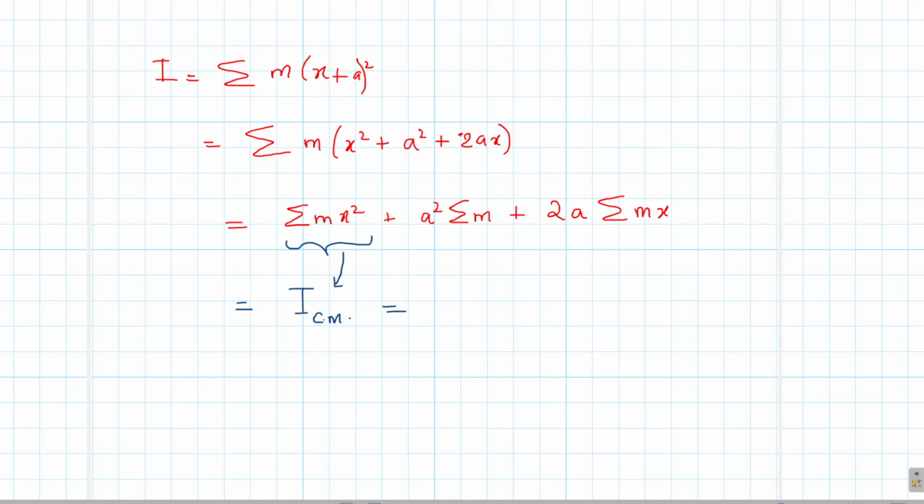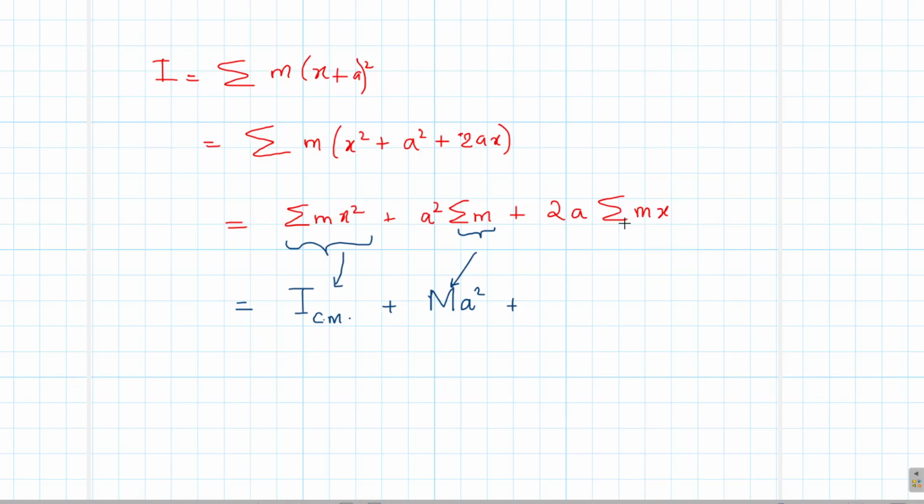Now a square into summation over m. What is summation over m? If you sum over the total individual masses of all the particles, what you will be getting is the total mass of the body. Summation over m means the total mass of the body multiplied by a square. And finally, the last term, 2a into summation over mx.